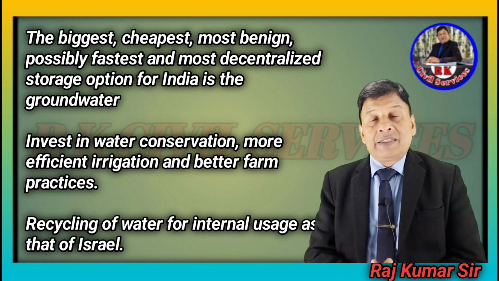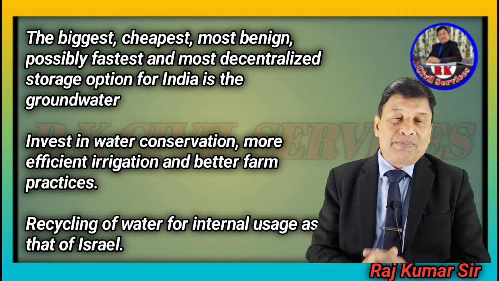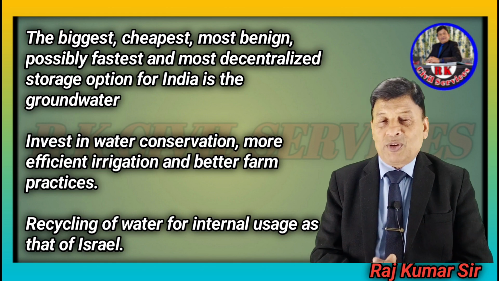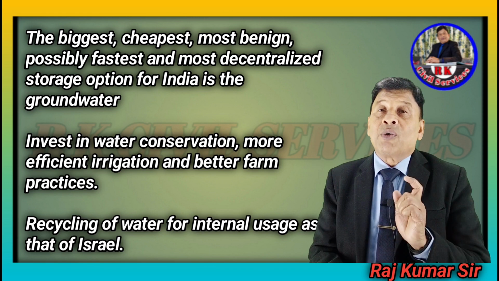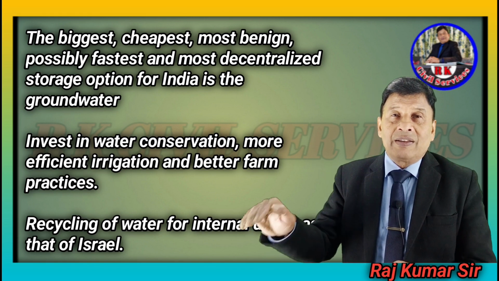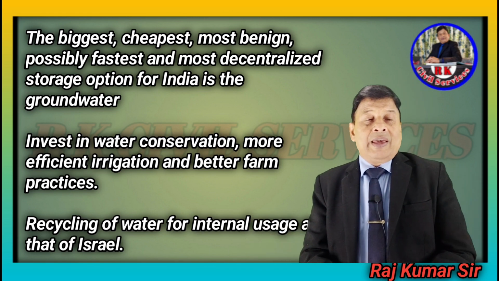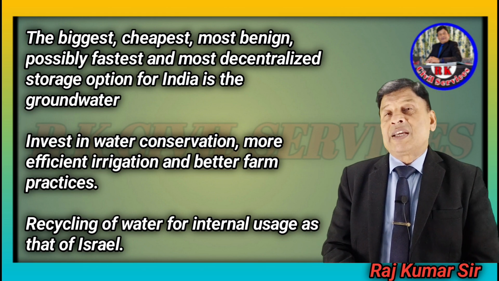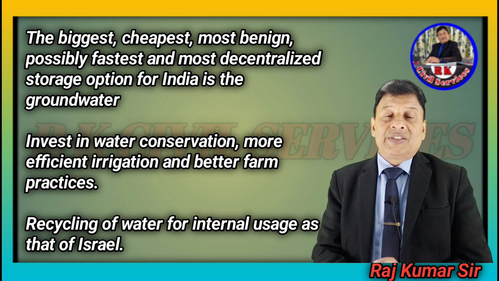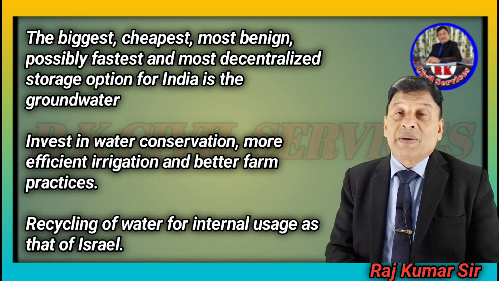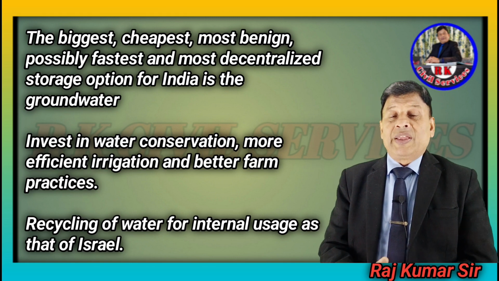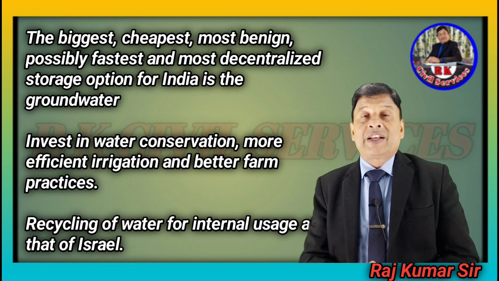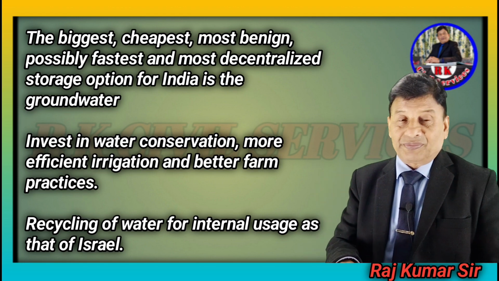The biggest, cheapest, most benign, possibly fastest and most decentralized option for India is the groundwater, water within the earth's surface. Invest in water conservation, more efficient irrigation and better farm practices, isn't it? Recycling of water for internal uses as that of Israel.